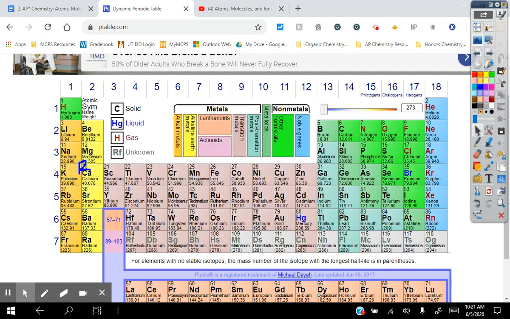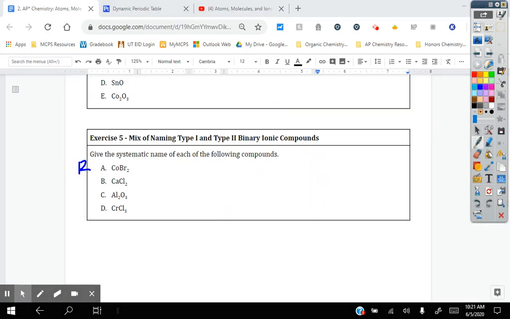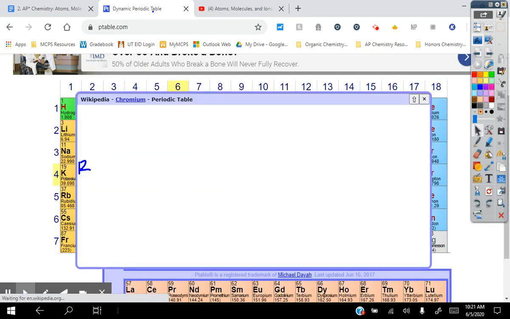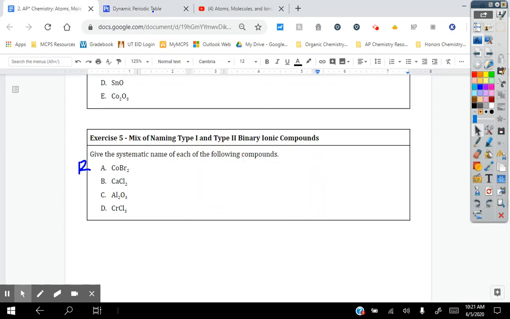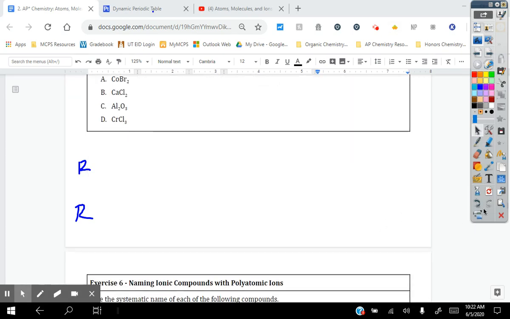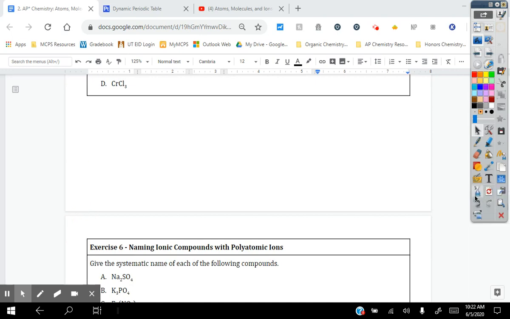It is not a transition metal, so I do not need an R for that. Aluminum is one that we said had only one type of charge, so I don't need a Roman numeral for that. But then chromium, Cr, is right here. That is a transition metal. So I need a Roman numeral for that. If you go through and sort them ahead of time that way and just label the ones you know need Roman numerals, then the naming should come pretty easy. I've left plenty of practice in for you on that particular type.